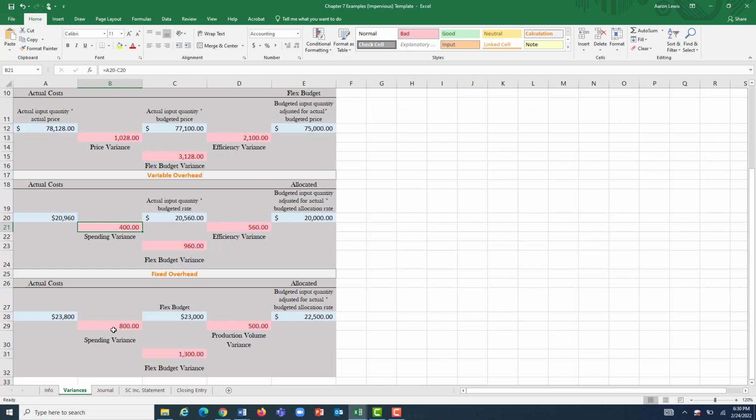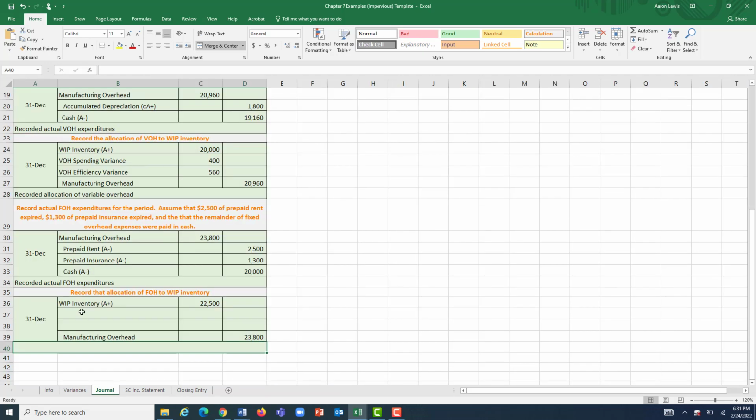We've got two of them. We have a fixed overhead spending variance, which was $800, and we have a fixed overhead production volume variance, which was $500. They are both unfavorable. Unfavorable variances under the standard costing system always get debited. So we're going to have a debit to fixed overhead spending variance, and we're going to have a debit to fixed overhead production volume variance.